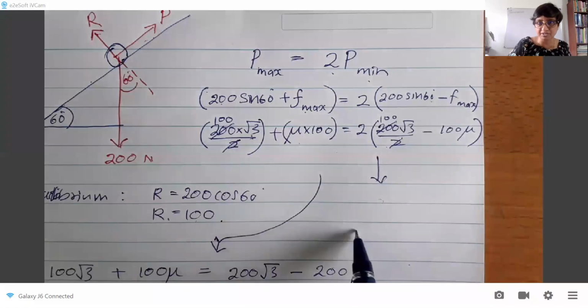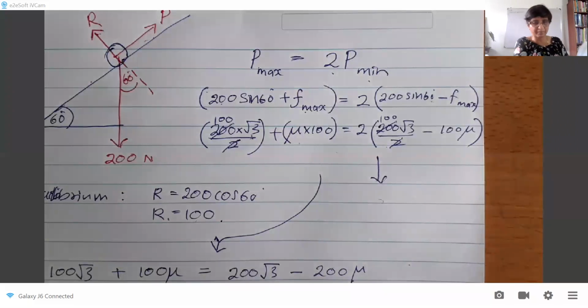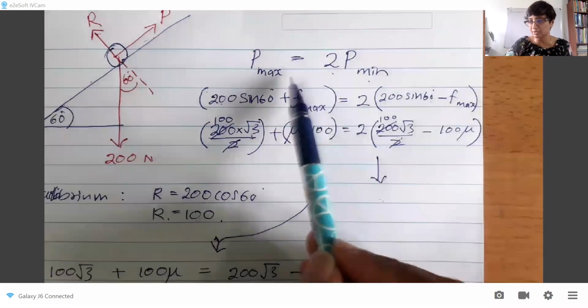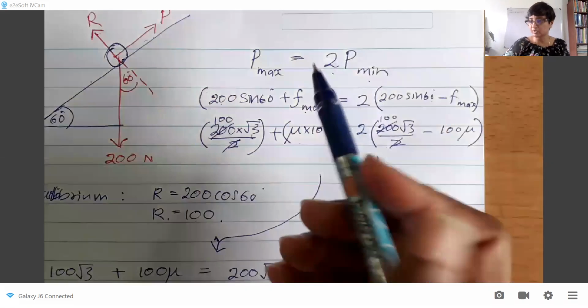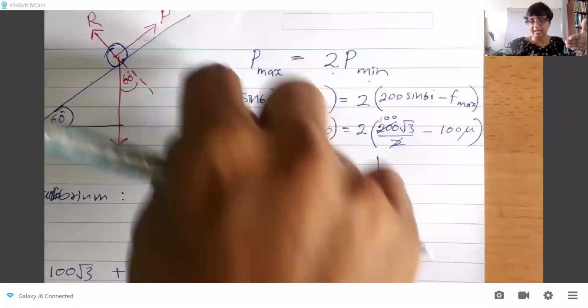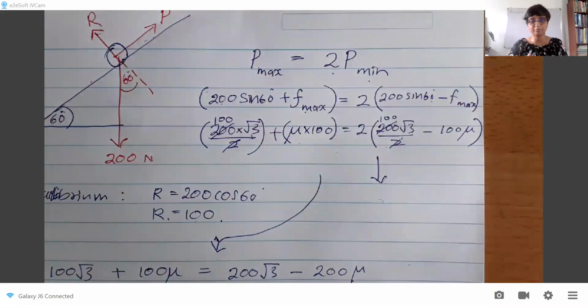That can be corrected if you are careful. But if you have made a conceptual mistake, if you were not able to write Pmax and Pmin and build the connection they had given you, that would be something to worry about, and you have to work on that.